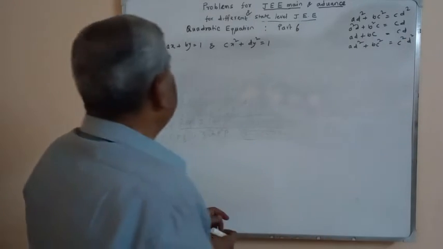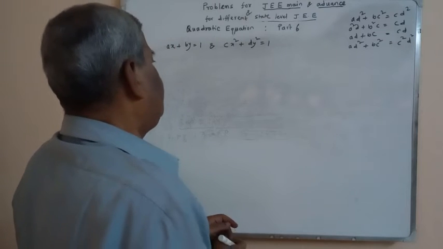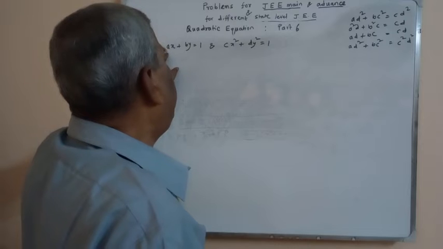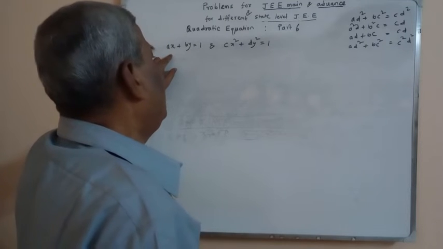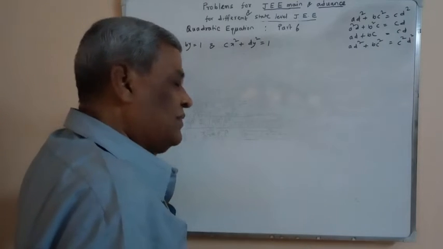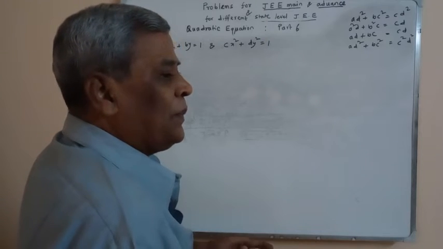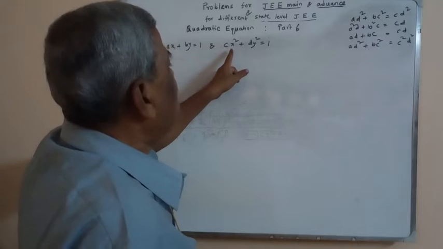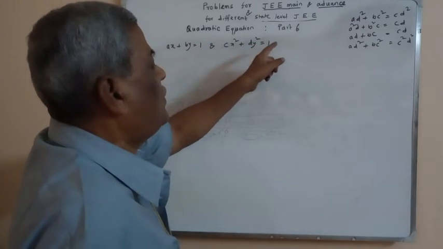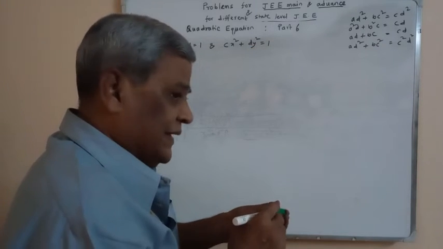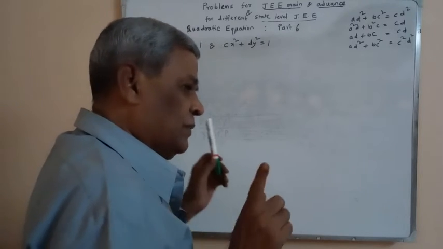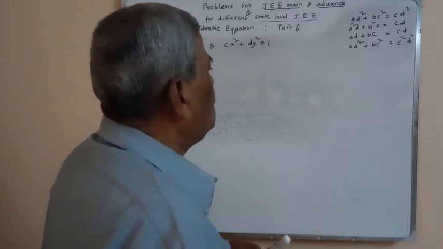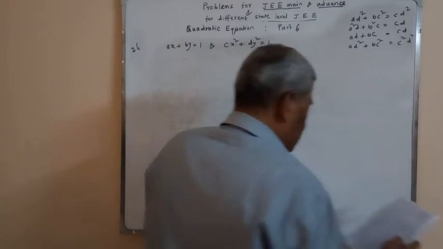So actually the problem is, one linear equation involving x and y is given. If it is solvable, then it has a pair of solution, one for x, one for y. And the other is cx square plus dy square is equal to 1. It is second degree, so if solvable, then they have two pairs of solution.